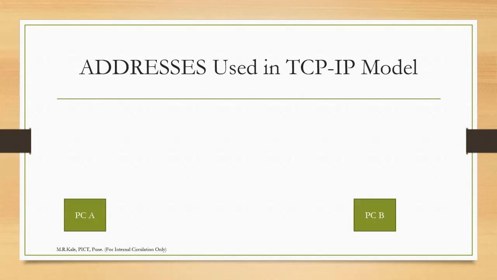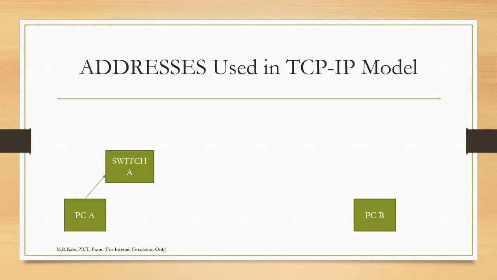We have PC A and PC B. PC A wants to send some data to PC B, which is in another LAN. So please understand, when two machines are in different LANs, they are connected to different routers.